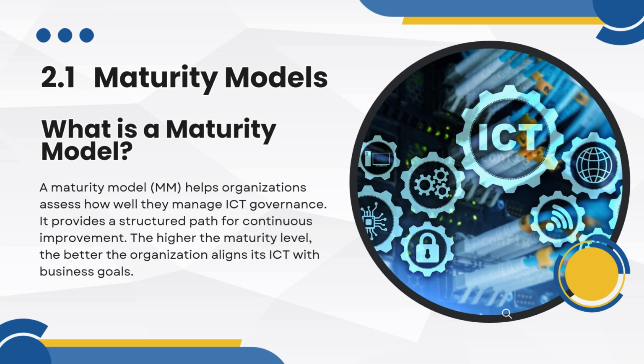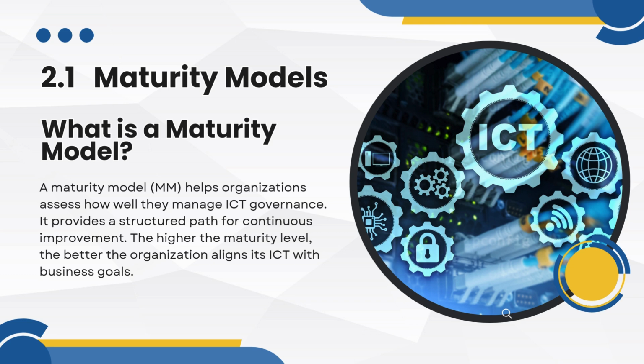Before an organization improves its ICT governance, it must first measure how well it is doing. This is where maturity models help. A maturity model is a tool that helps organizations by assessing their current ICT governance level, comparing themselves with industry standards, and creating a roadmap for continuous improvement.